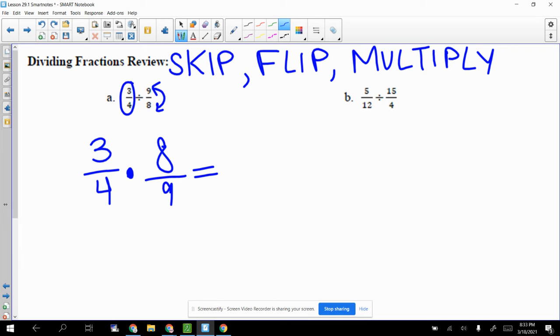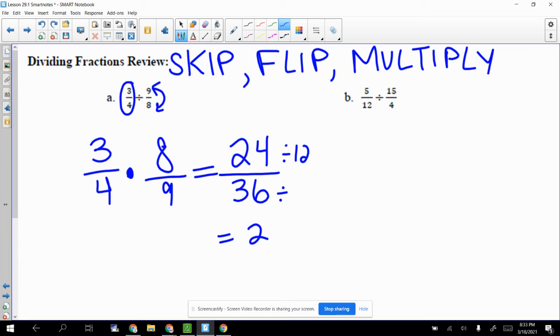Okay, so 3 times 8 is going to give you 24. And then 4 times 9 is going to give you 36. And then obviously with these types of fractions, you're going to see if you can simplify. So in this one, we can divide the top and the bottom by 12. So if I divide this by 12, your numerator is going to be 2.